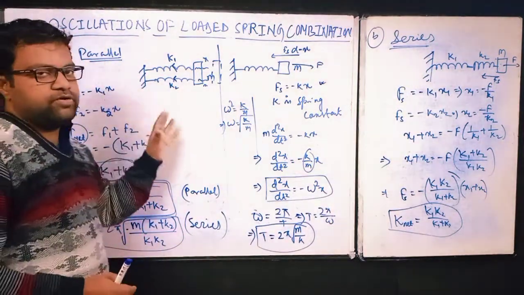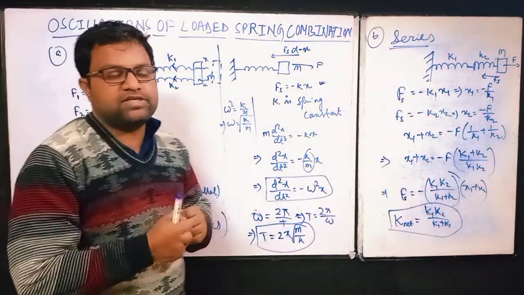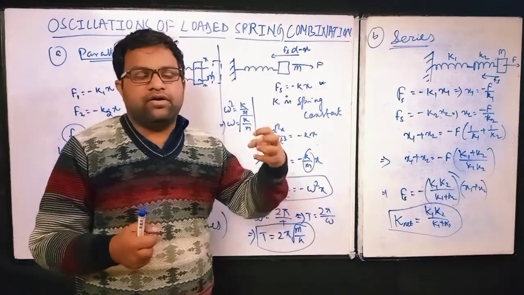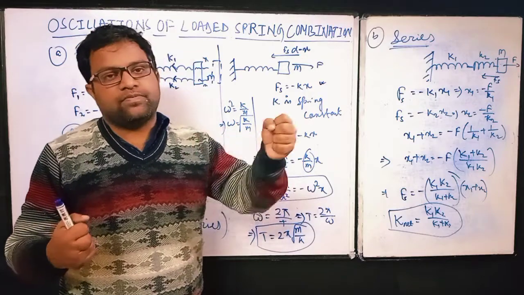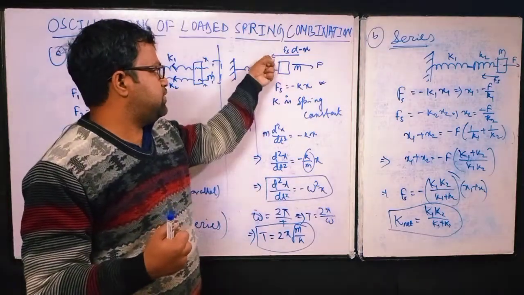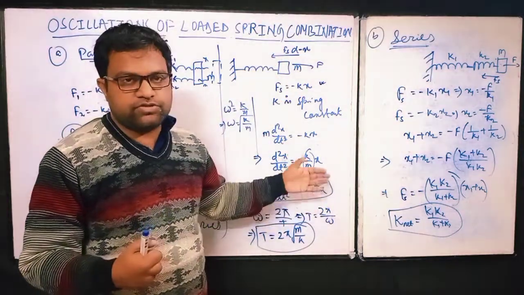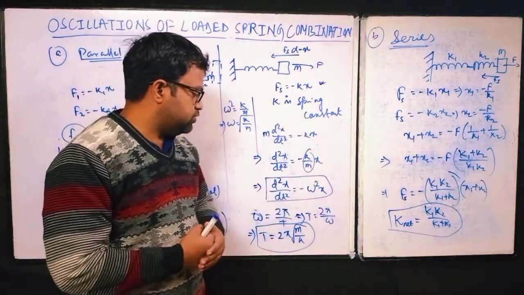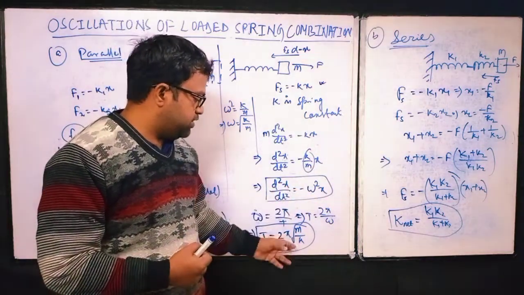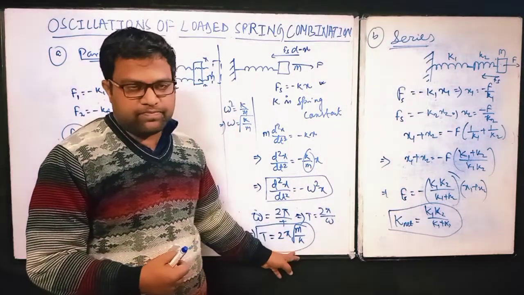So in this video, what we have discussed: if a mass attached to a spring oscillates, if it is a single spring, then it will of course execute simple harmonic motion, and its time period will be 2 pi root m by k.